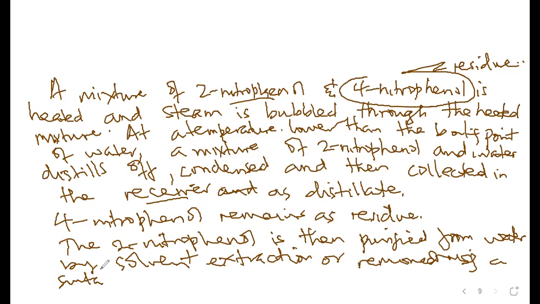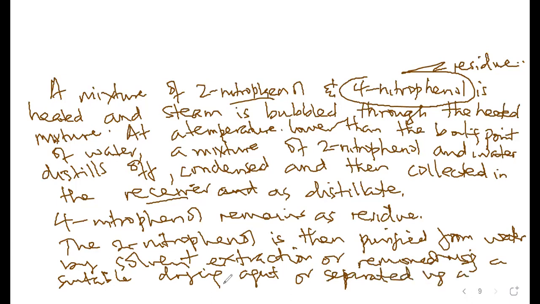A suitable drying agent, not so? Or what other method do we say? Or separated using a separating funnel. You can choose any of the three methods, or any other suitable one.